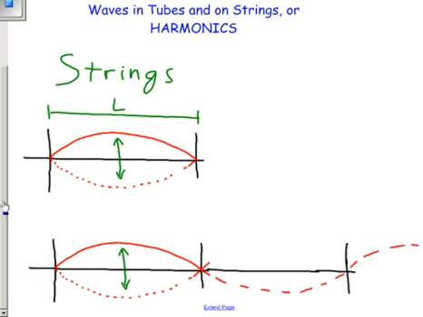Here's what we're going to figure out. We're going to figure out how the length relates to the wavelength of the wave on the string. So what I've done next is I've drawn, if the string were longer, what it would look like.